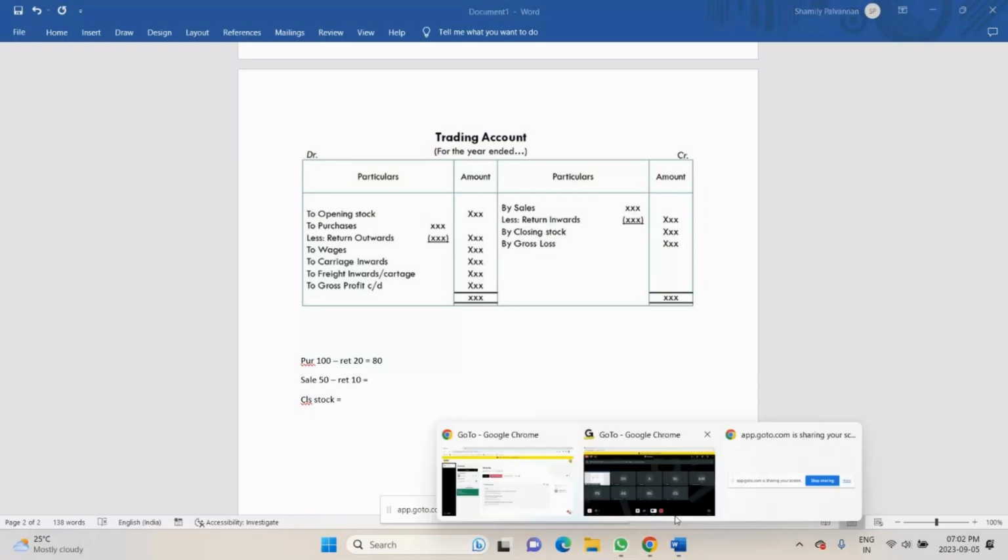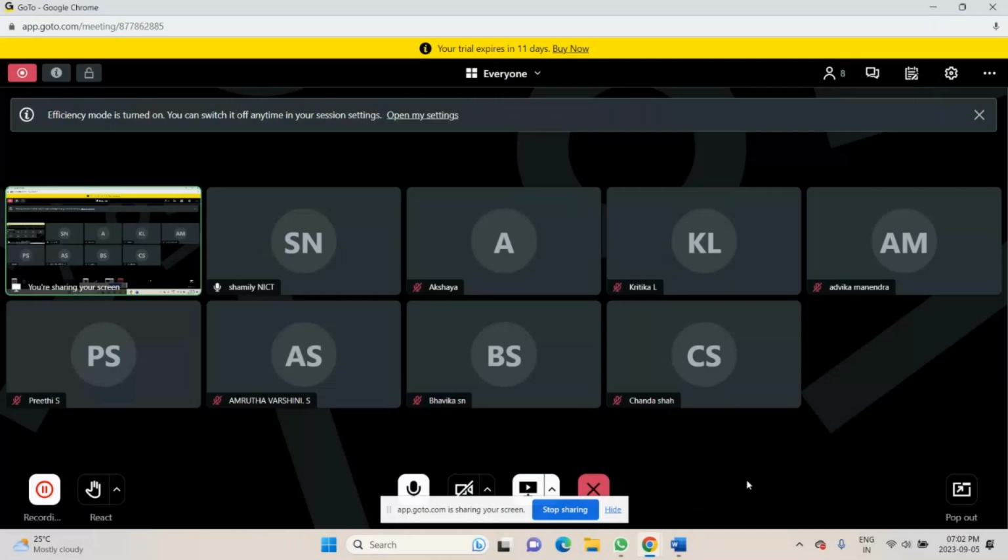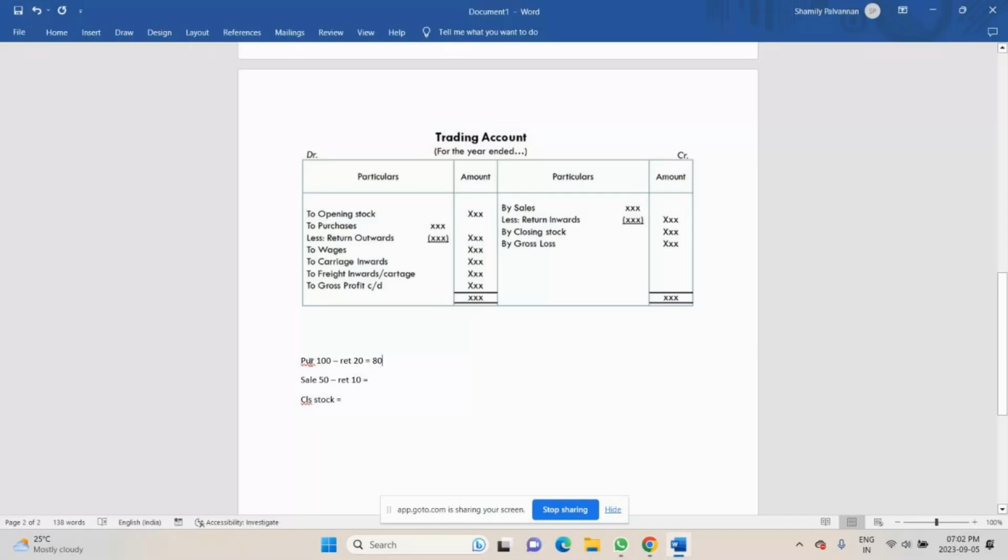Sorry, someone answered me. I didn't hear you. 40. 40. So see here, out of 100, 20 have been returned, so I have 80. In this 80, we have made a sale of 50, so how much do I have? 30, right?